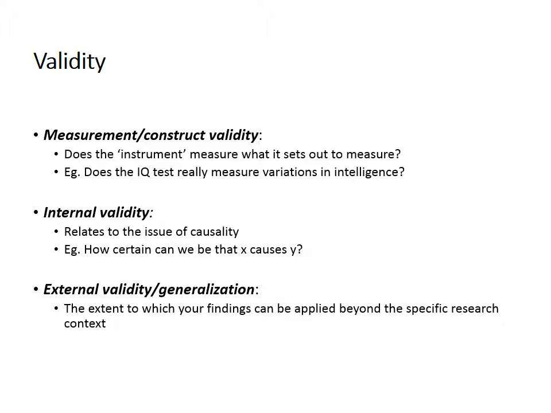But you need to think about, are there any generalizations that you can draw from your research? And are these robust? Or are they just applicable to your school? And this goes back to the importance of sampling. The larger the sample, the more generalizable your findings will be.